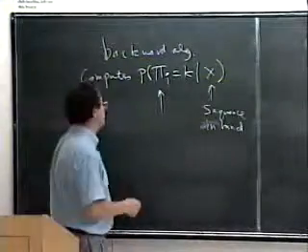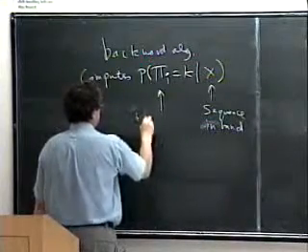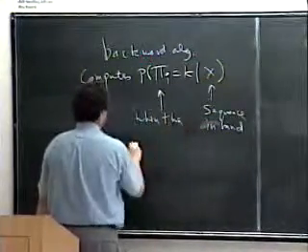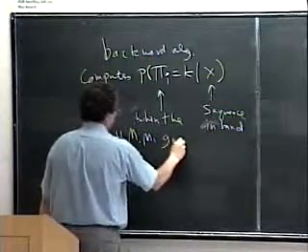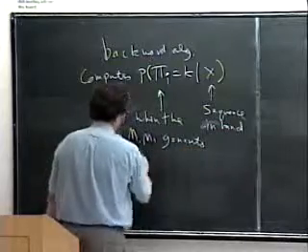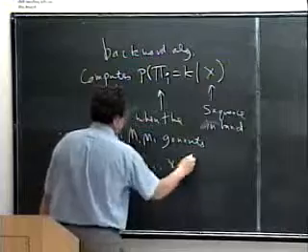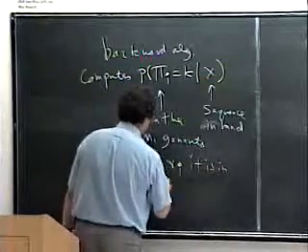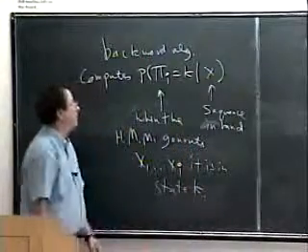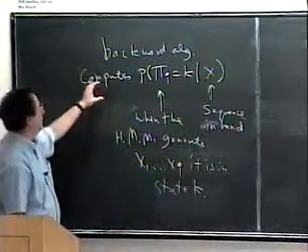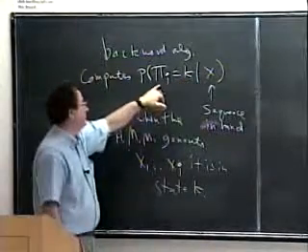So this is really just saying that when the hidden Markov model generates x1 through xi, it is in state k.